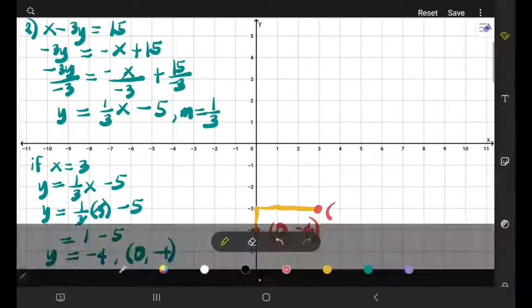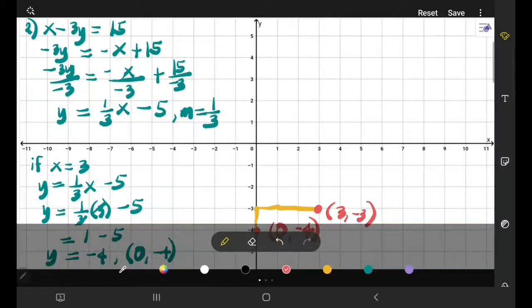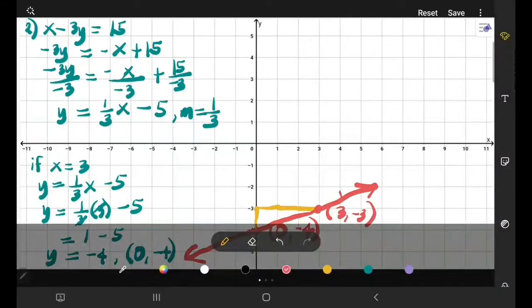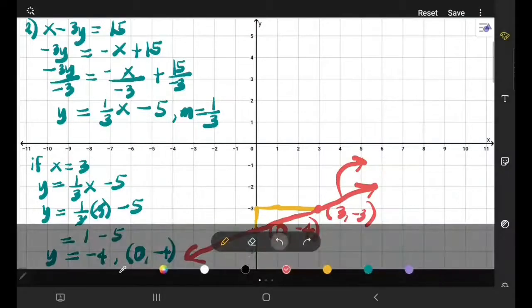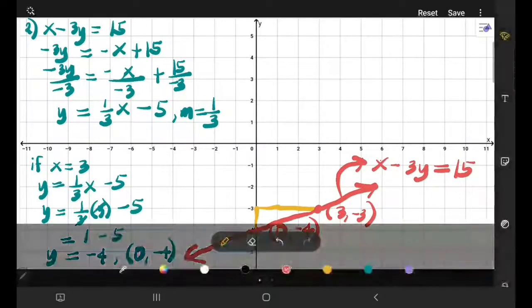So meaning that this point is 6, negative 3. And then you connect the points. Okay, so this is the graph of the equation x minus 3y equals 15.